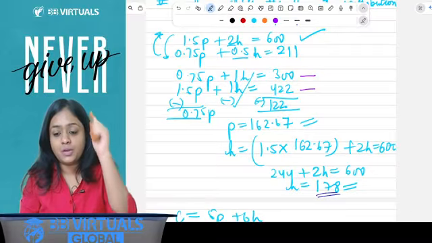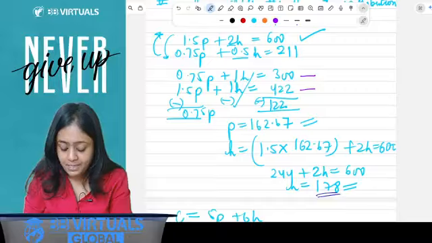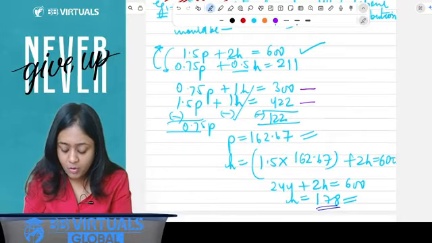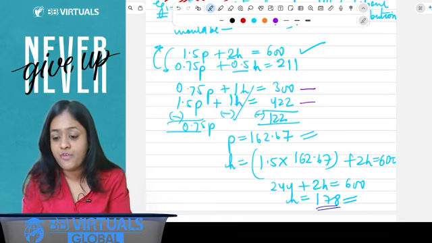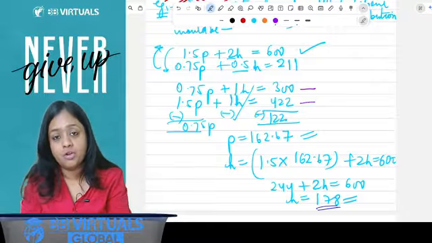Meaning that at least one of the variables on cancellation should become 0. For example, here I have 1h and 1h being common. Why? My original equation was 1.5p plus 2h is equal to 600 and 0.75p plus 0.5h is equal to 211.